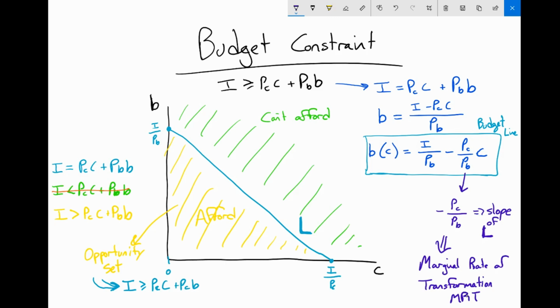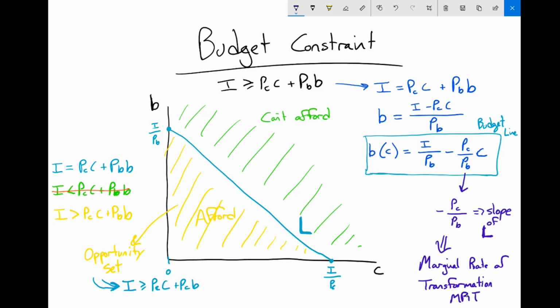This gives us kind of the trade-off between coffee and bagels that the agent is able to afford given their budget constraint. How many bagels need to be given up in order to be able to afford additional cups of coffee? All right, that's the marginal rate of transformation. Okay, so that gives us a little bit of background about the budget constraint.